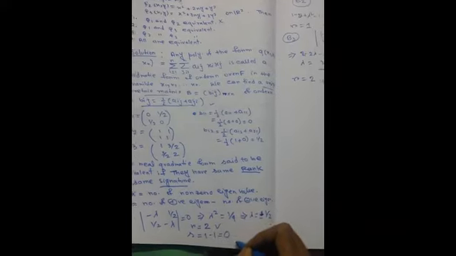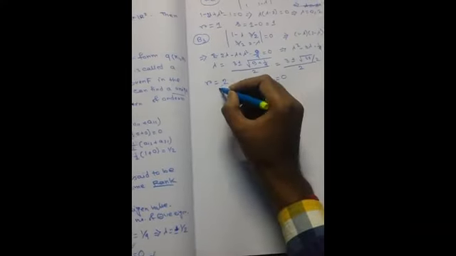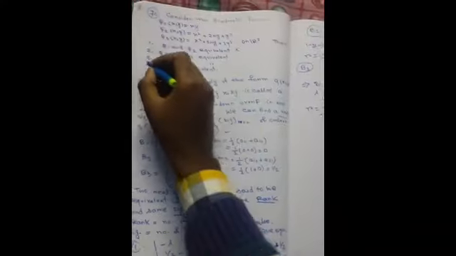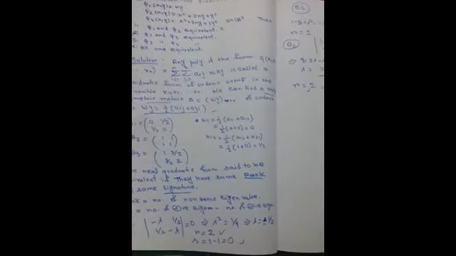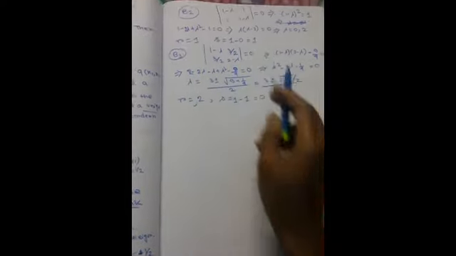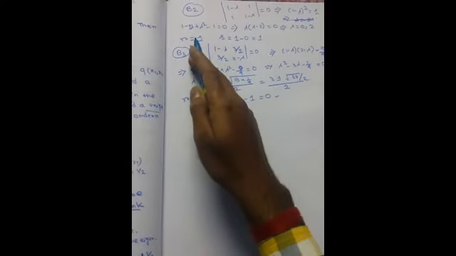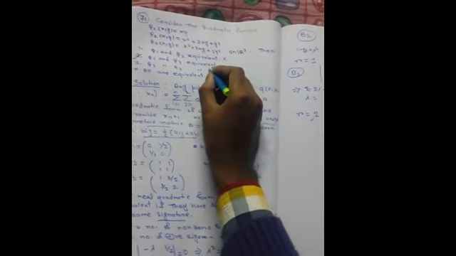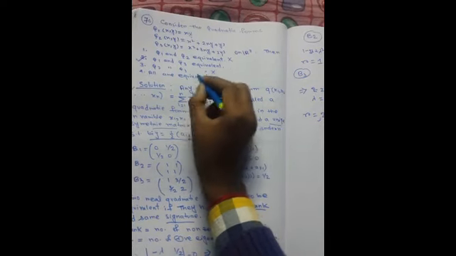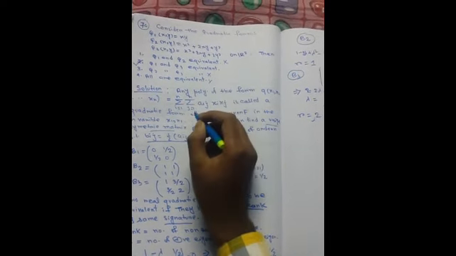Here r equal to 2, s equal to 0, and here also r equal to 2 and s equal to 0. So option 2 is correct. Q2 and Q3 equivalent? Here for Q2, r is 1 and s is 1, and here 2 and 0. So not equivalent, this option is wrong. And all are equivalent? No, all are not equivalent. So option 2 is correct.